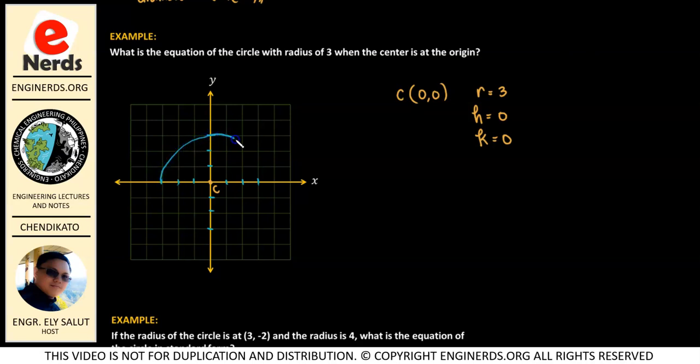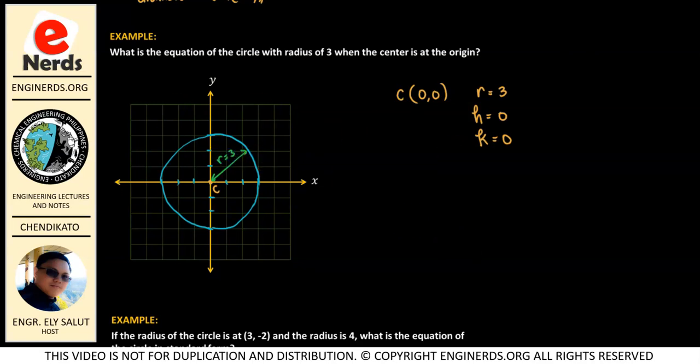Of course, kapag ginamitan natin siya ng proper instrument, mas magiging circle lang itsura niya. But basically, it will be like this. So, our distance from the center to any point sa ating circle is equal to our radius, which is 3. So, ito yung ating circle.